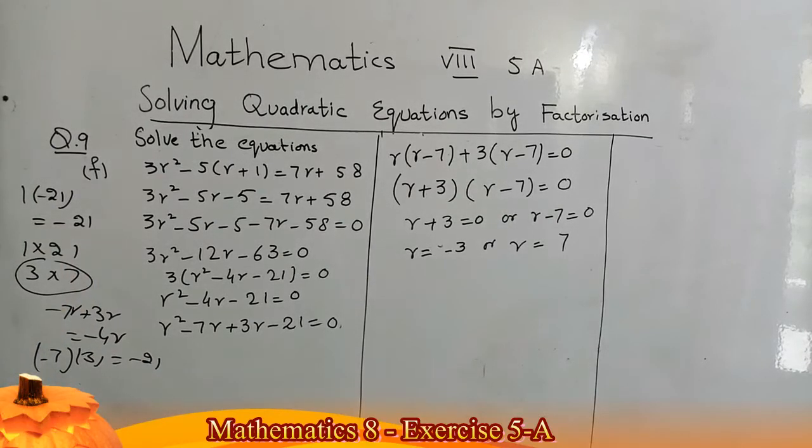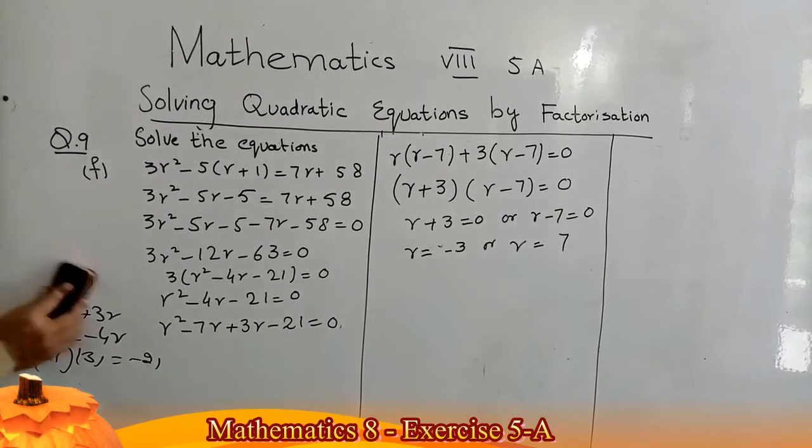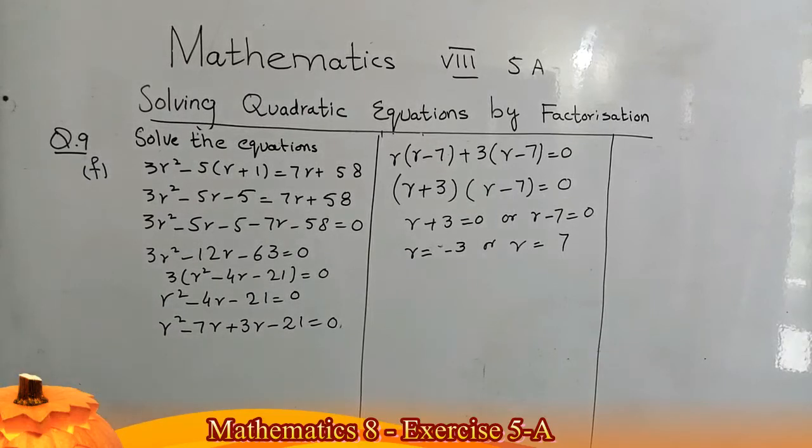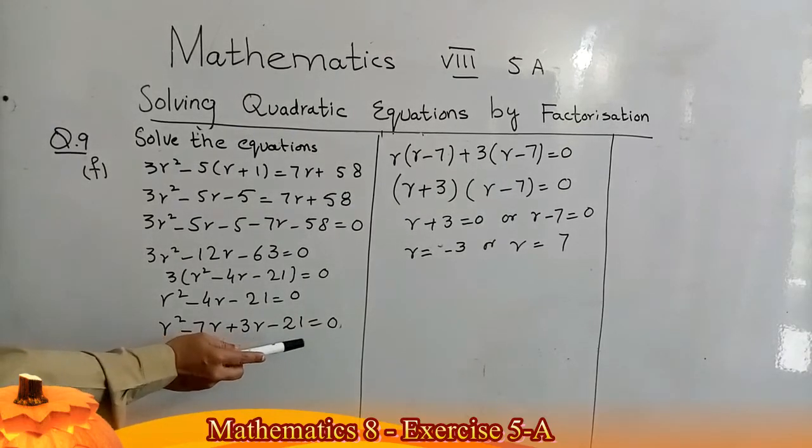So I will use minus 7 and plus 3 as the coefficients of r. Now we have 4 terms. In the first 2 terms I will take r as a common factor, then here I will have r and here I will have minus 7. From the last 2 terms I will take 3 as a common factor, so here I will have r minus 7.